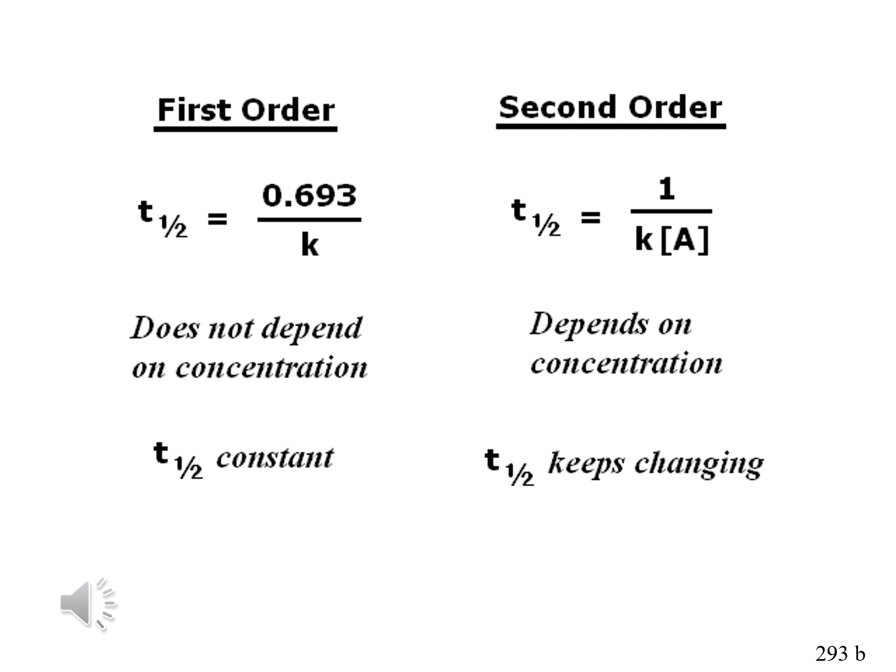For second order, though, it does depend on the concentration you start with because the half-life keeps changing. The concentration is involved in the half-life formula. This has implications for the dosing of drugs, and it also has implications to show that the math of first and second order come out different.